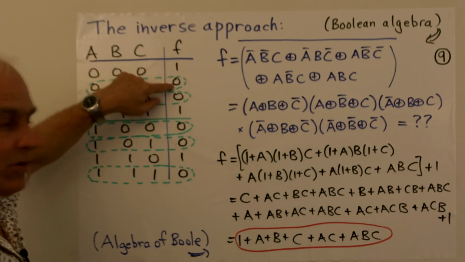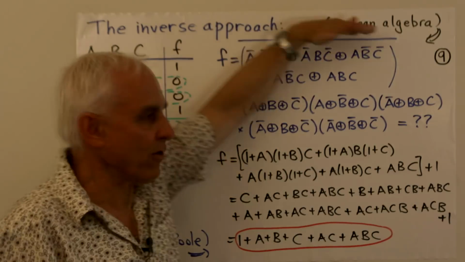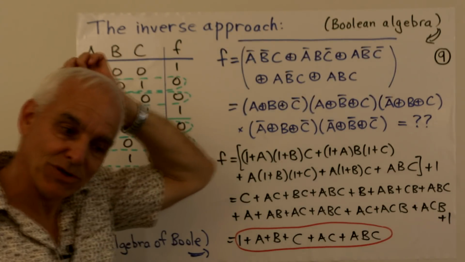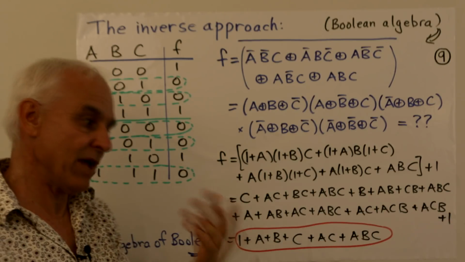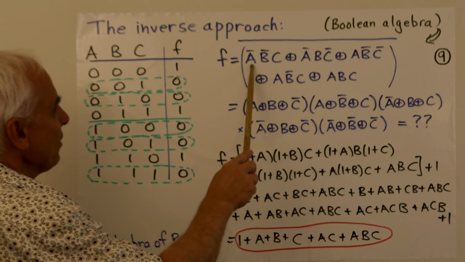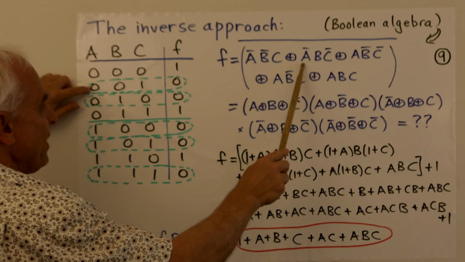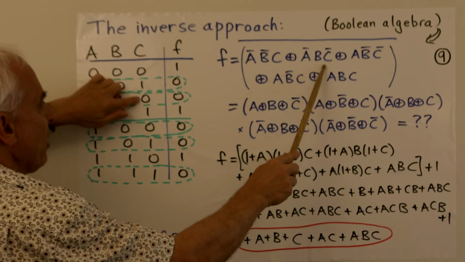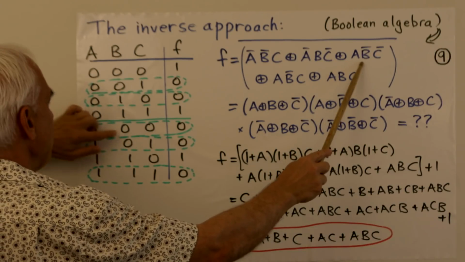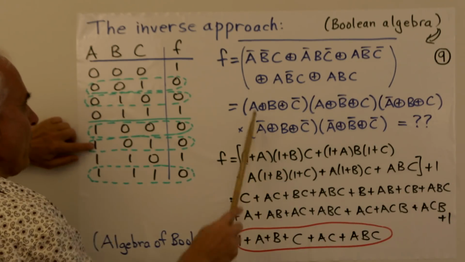So to get an output of 0, we need to take a bar of this. So you see there's a big bar over the whole thing, okay? Because we're talking about 0 values now, so we have to put a bar. Okay, so we've got this element here for this row, and then A bar, B, C bar expresses this row. A, B bar, C bar expresses that row.